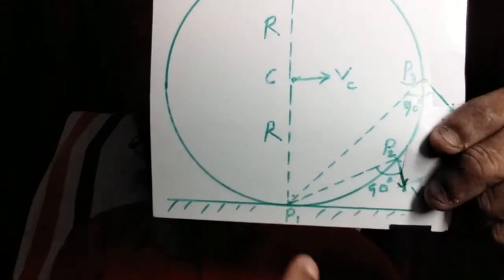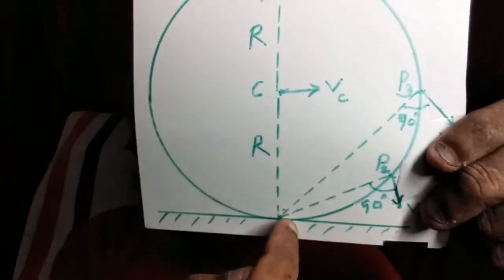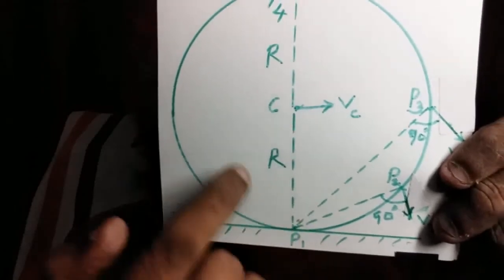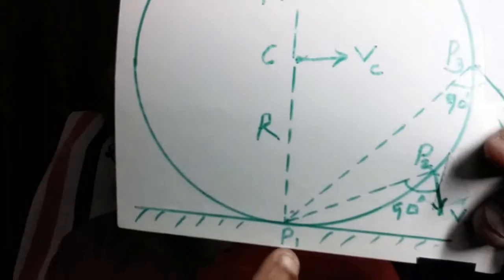At the instant P1 touches the ground, an observer on the ground feels that the entire circular disk turns about this point P1. Just for a moment, P1 acts as a center of rotation.